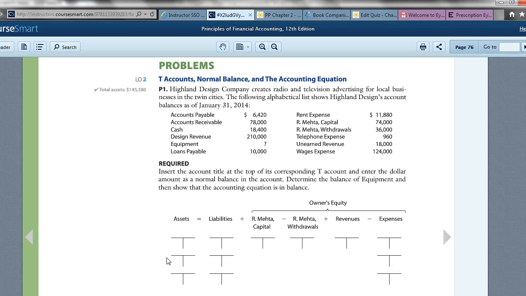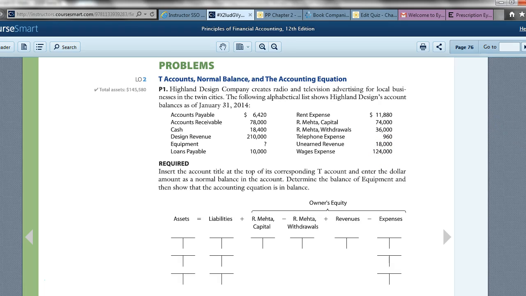It creates radio and television advertising for local businesses in the Twin Cities. The following alphabetical list shows Highlands Design's account balances as of December 31st, 2014. So it gives us our accounts payable, our accounts receivable, our cash, our design revenue, our loans payable, rent expense, our meta capital, our meta withdrawals, telephone expense, unearned revenues, and wages expense.